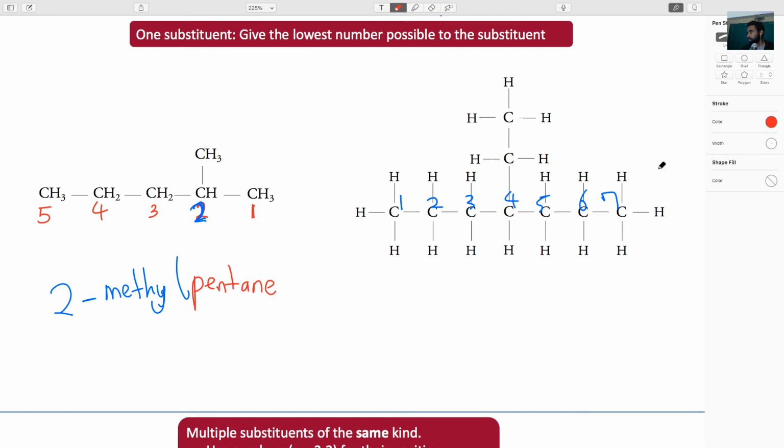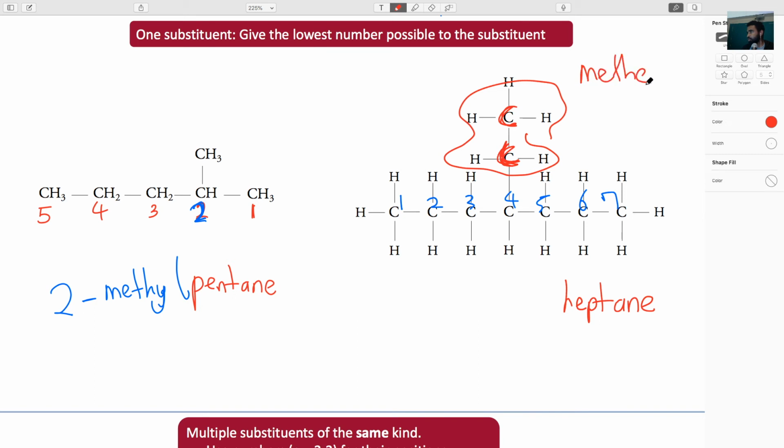So now that we've counted, we have 7 carbons. So that must, of course, be hept for 7, heptane. And then this substituent here has 2 carbons. Remember, it's meth, eth, prop. Here's a nice mnemonic for meth, eth, prop, but: Monkeys eat peeled bananas.